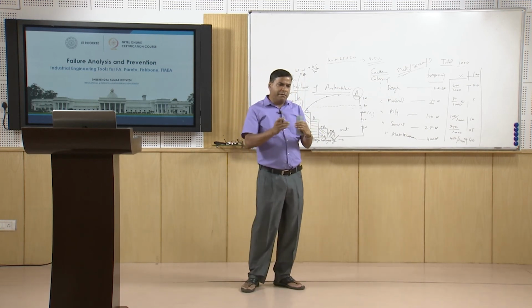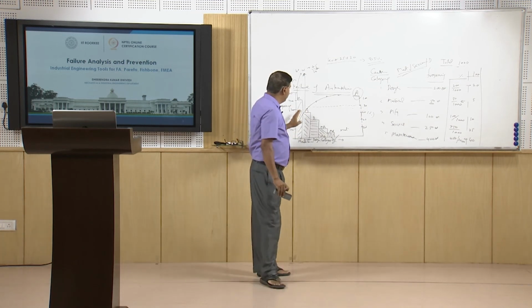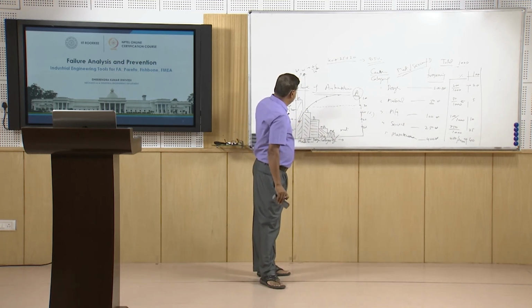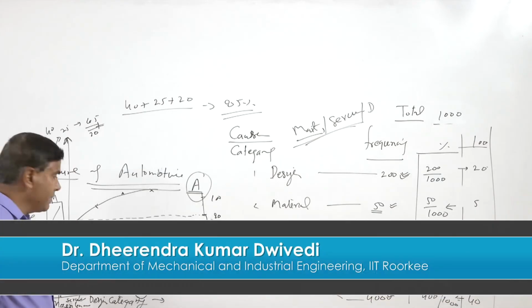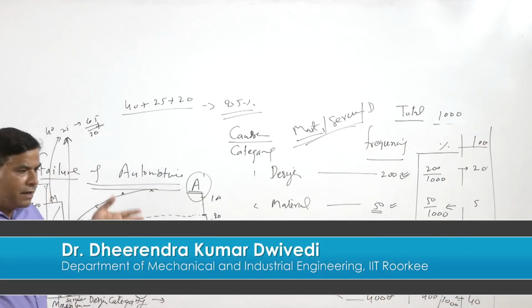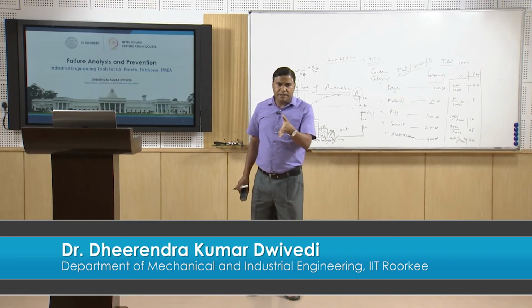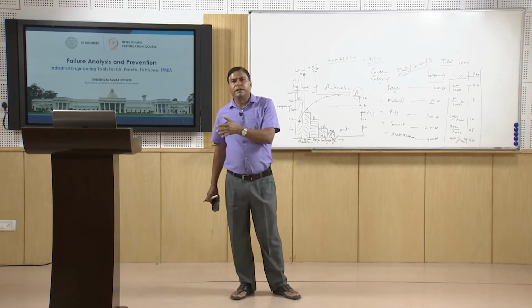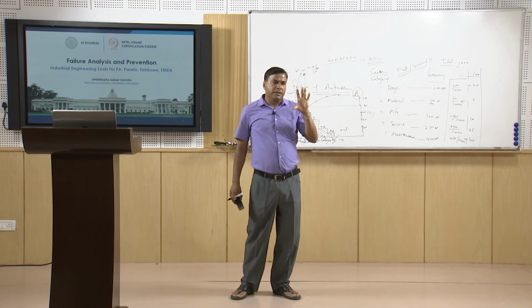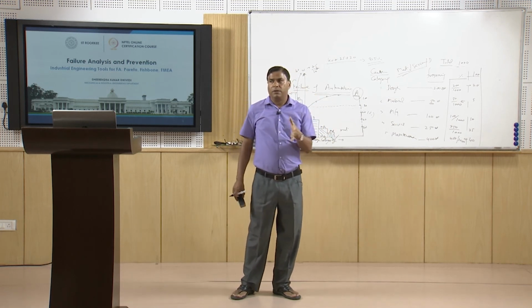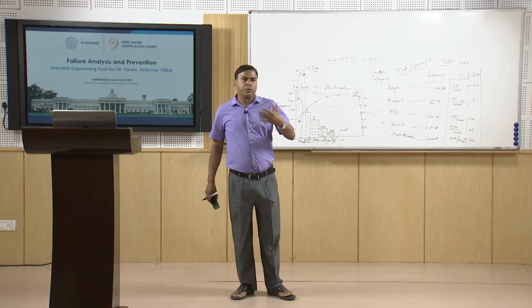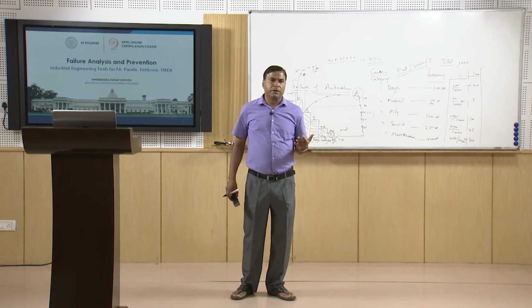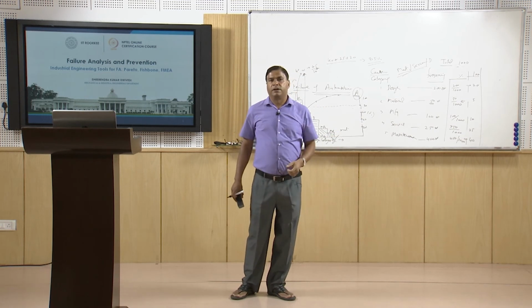One by one, each factor is taken care of: first maintenance, thereafter service, then design. So we are able to prioritize the various fundamental causes of the failure, to see what needs to be focused on first and what can be taken up subsequently for improved performance of the product and reduced possibility of failure.